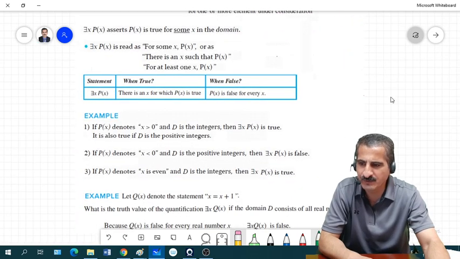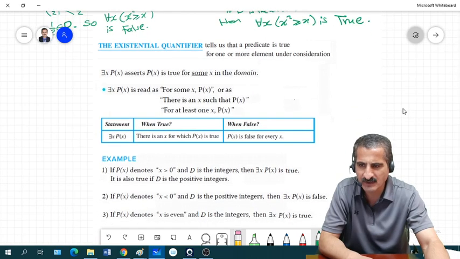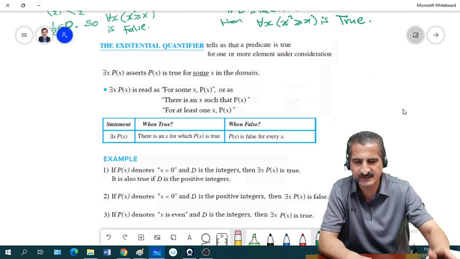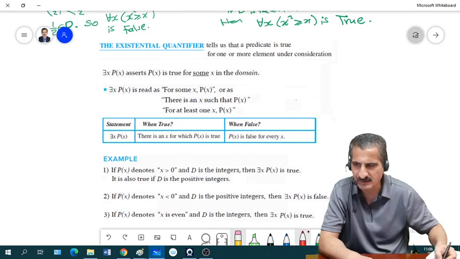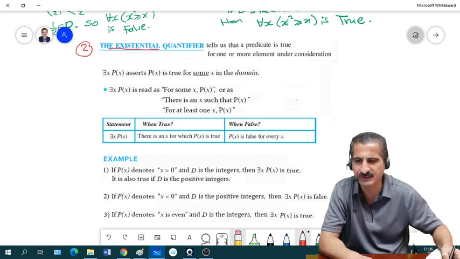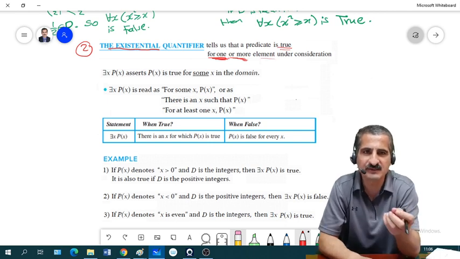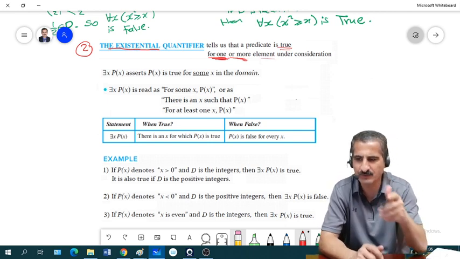Okay, now we move to the other quantifier, which is the existential quantifier. So this is quantifier number 2, the existential quantifier. It tells us that a predicate is true for one or more elements, but not necessarily for all elements, for one or more.